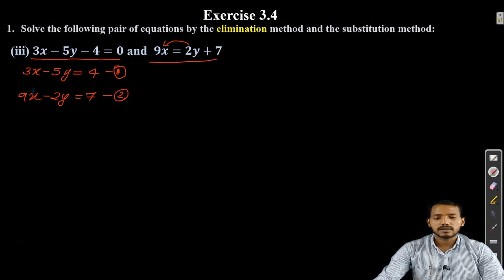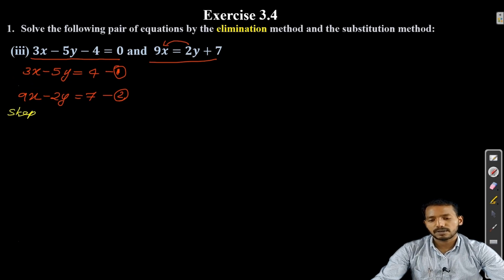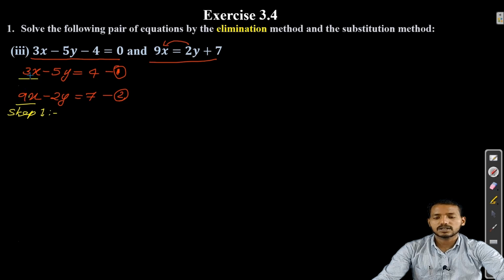Now here see, in both equations, the coefficients of x or y are not equal. So the first step we have to do is to make the coefficient of x equal, because here it is 9x and here 3x. If we multiply equation number 1 by 3, this will become 9, since 3 into 3 is equal to 9.